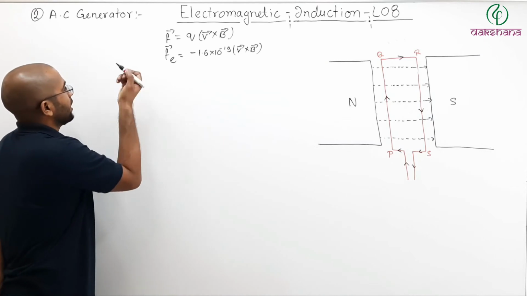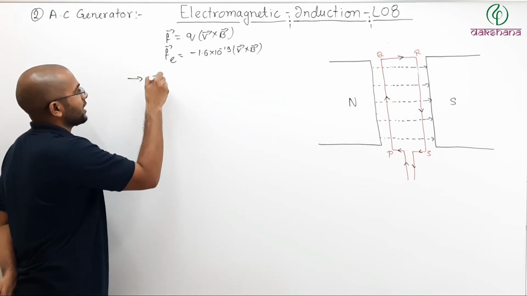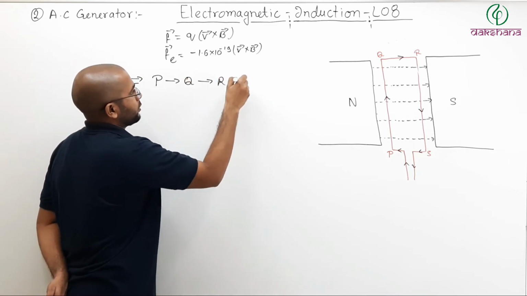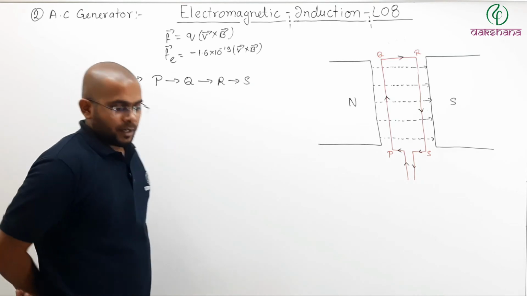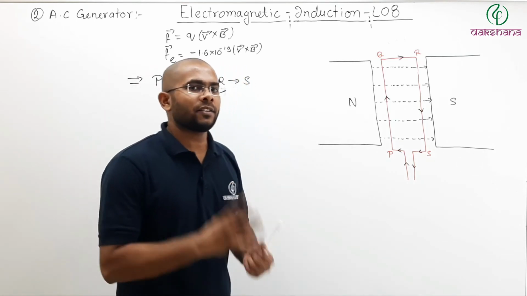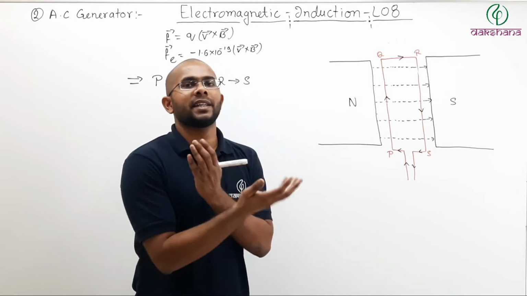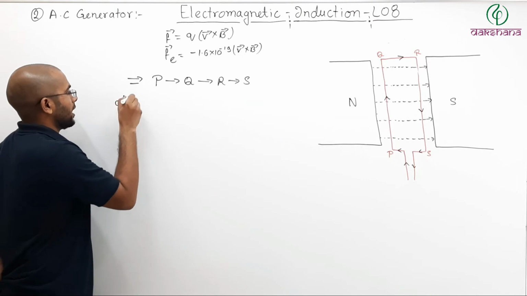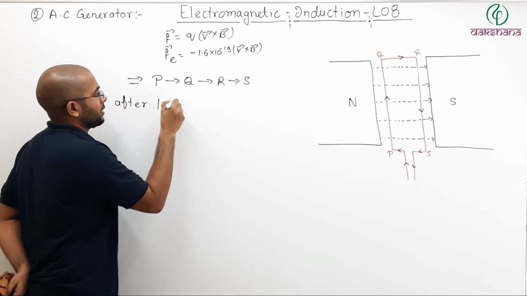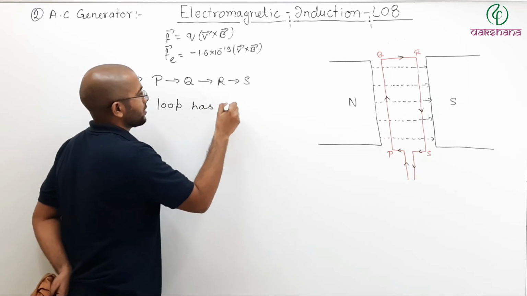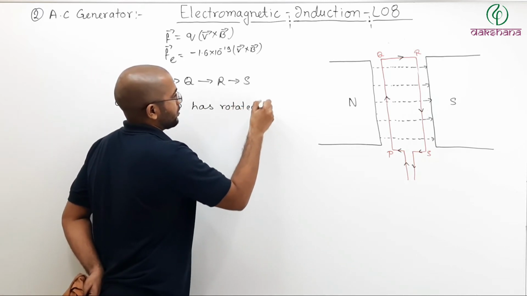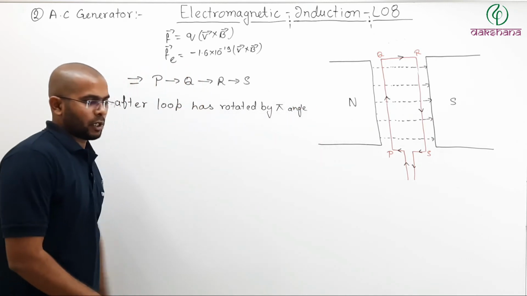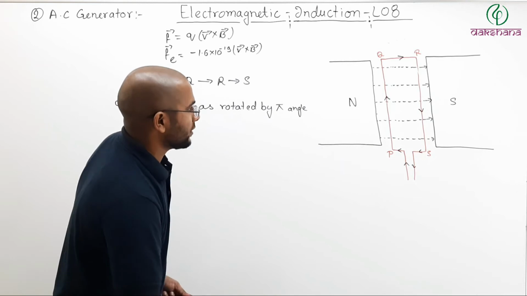So in your loop, the first condition is that initially the current is from P to Q to R to S. Now let us assume a condition after the loop has rotated by pi radian, that is 180 degrees.